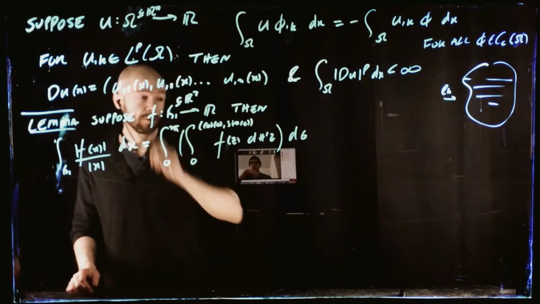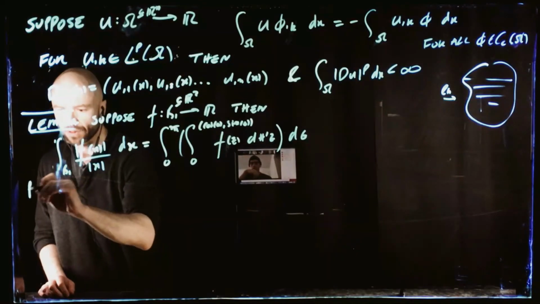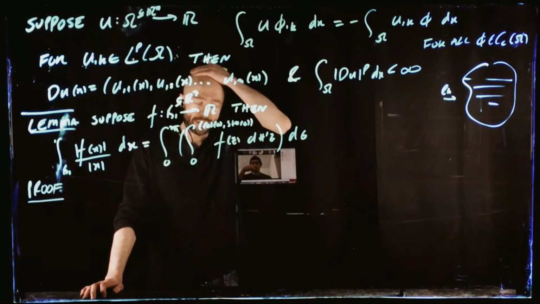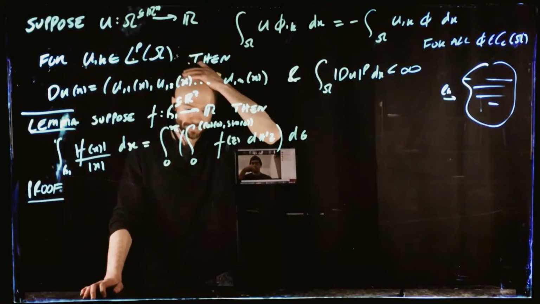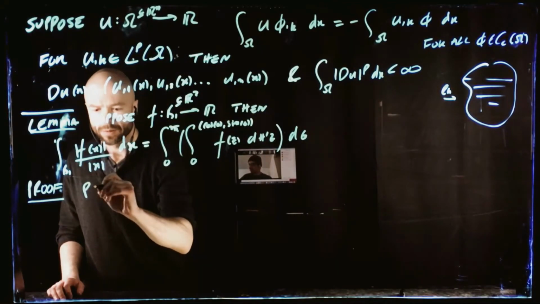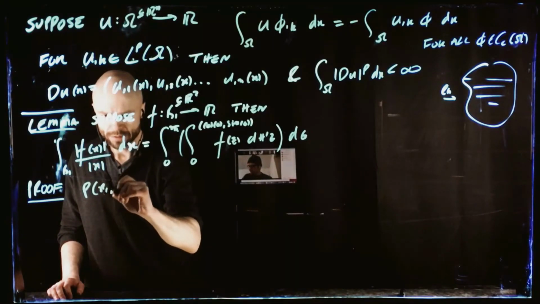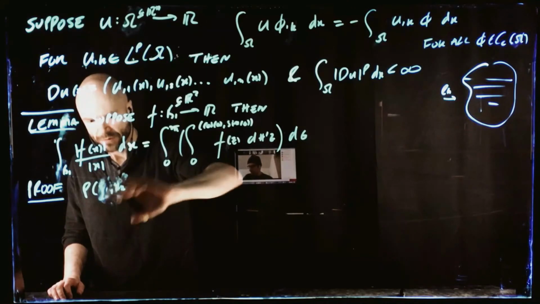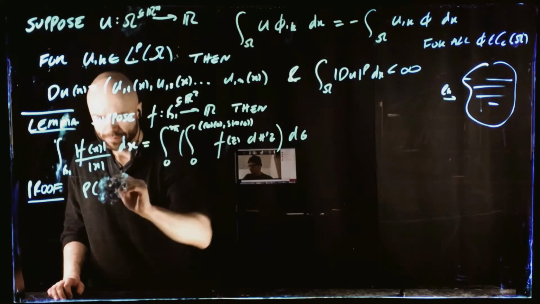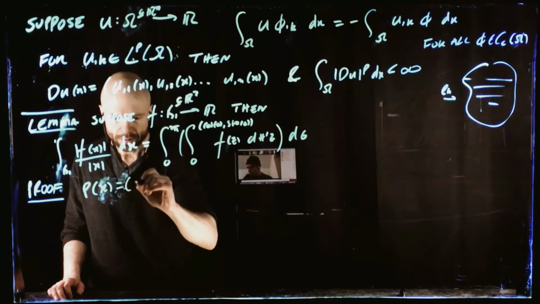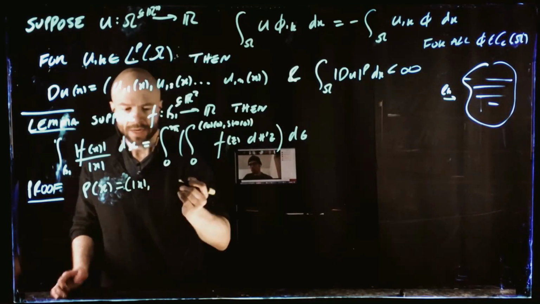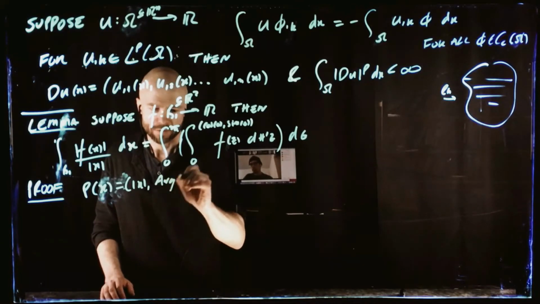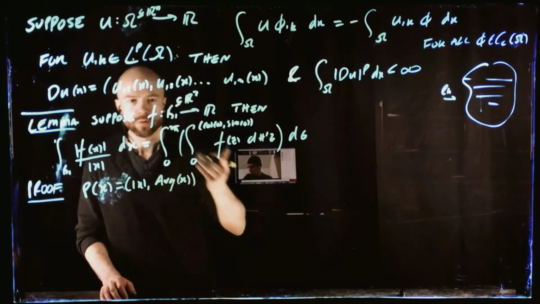All right, so why so? Proof. Let's do the following. Let's define P(x) to be |x| and then the argument of x, like arg of x, the same argument as in complex analysis.